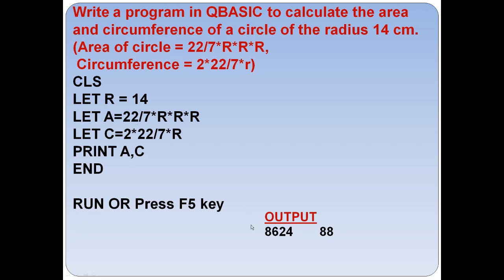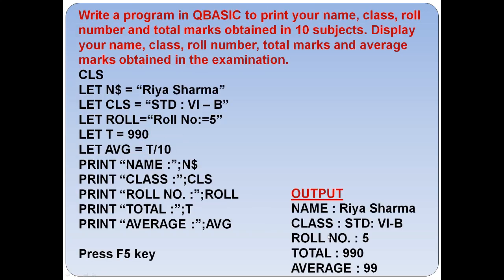First area will be 8625, means 22 upon 7 multiply 14 multiply 14 multiply 14. The answer will be 8625. And circumference is 88, means 2 multiply 22 divided by 7 and multiply by 14. Then the answer 88 will come here.